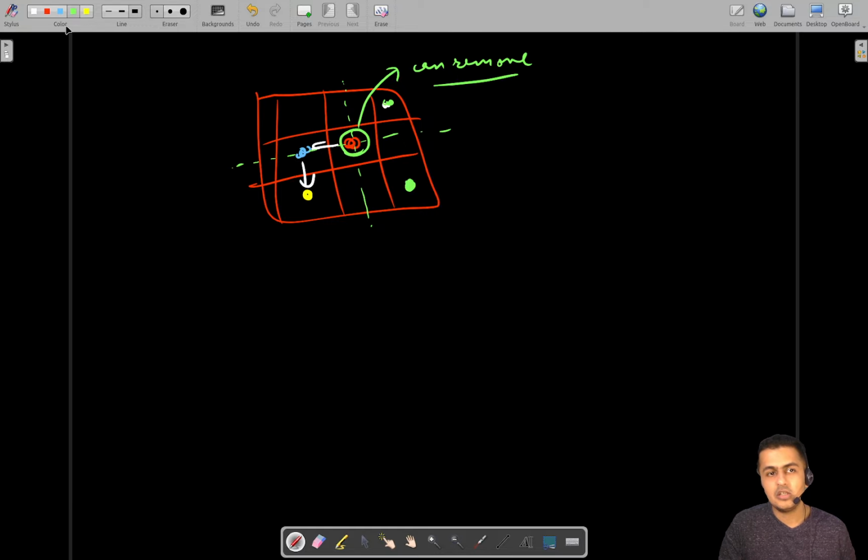So you see, this particular group is one group, the one with white dots, and the one with blue dots is another group. But these two groups are not related with each other, since they are not sharing any rows or columns.